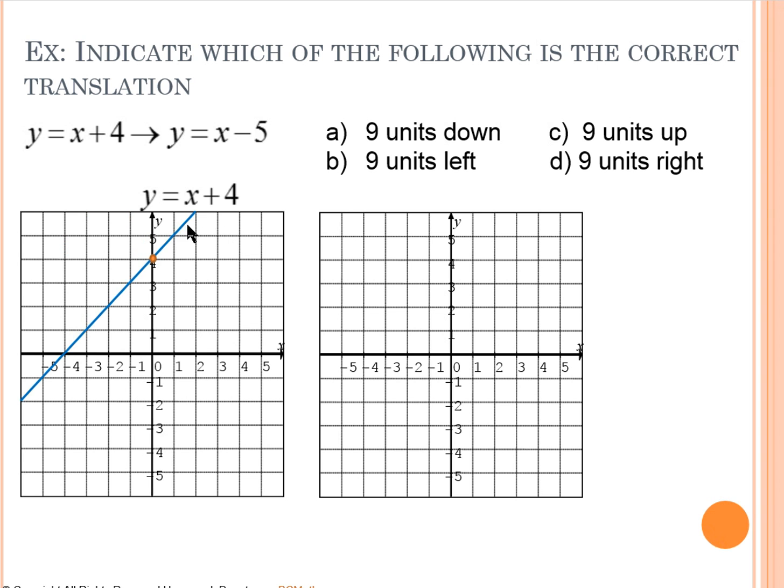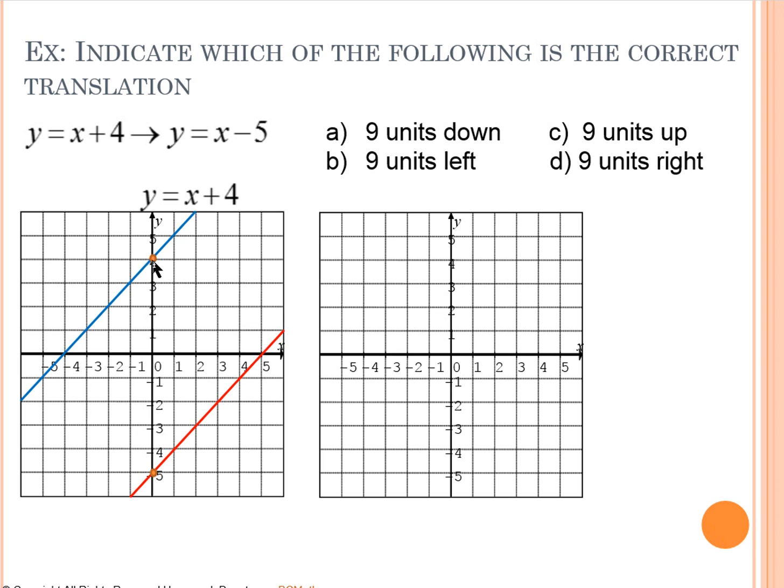All right, so here is y equals x plus 4. So this graph right here, y equals x plus 4, is simply my blue line. And y equals x minus 5, that is my red line right here. So when you take a look at these two graphs, what changes have happened?